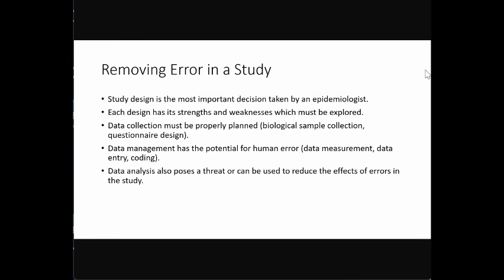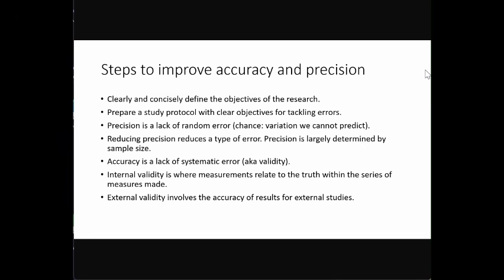Data analysis also poses a threat, but we can also use it to reduce the effect of errors and clean out errors. So if we want to improve the accuracy or precision of our study, there are many things we do.